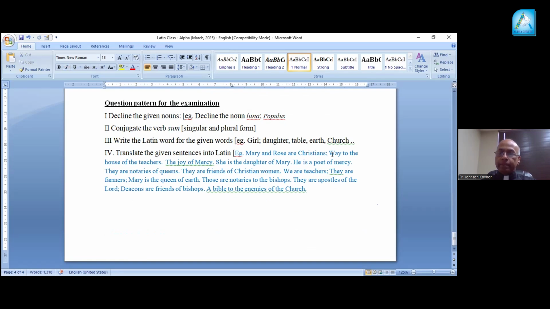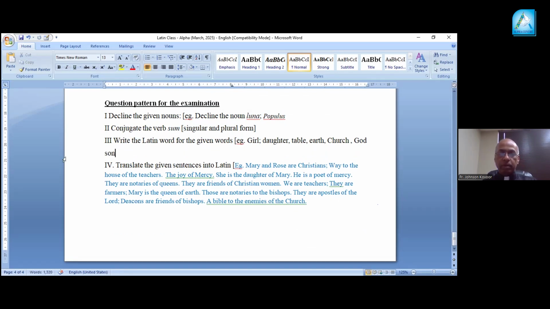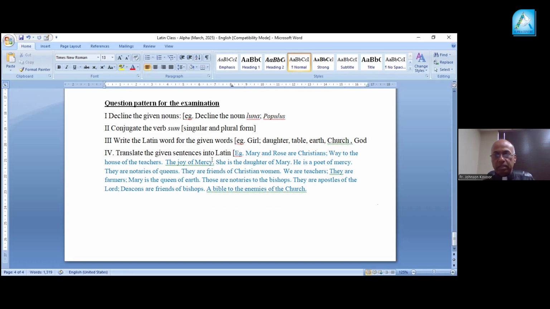Some masculine nouns also will be asked, like God. Then there will be some translation from whatever you have learned. For example, they are farmers. For the word farmer, it is agricola, a masculine noun ending in a. Illi sunt agricolae. They are farmers. Okay, that's enough.